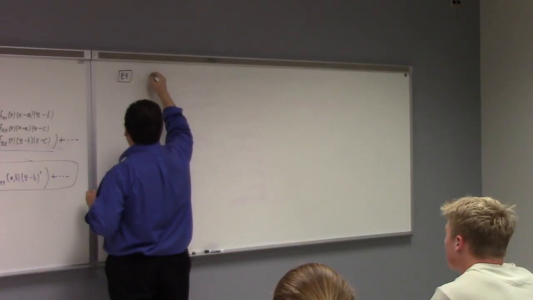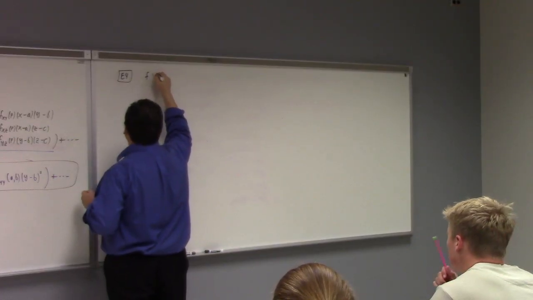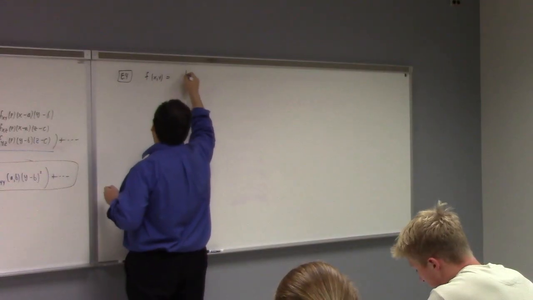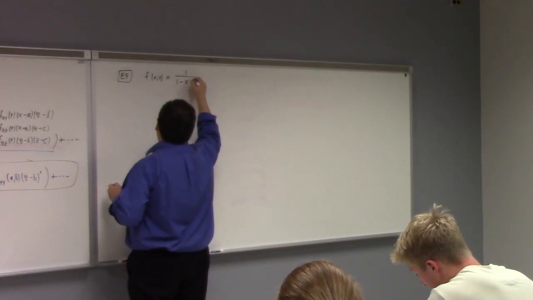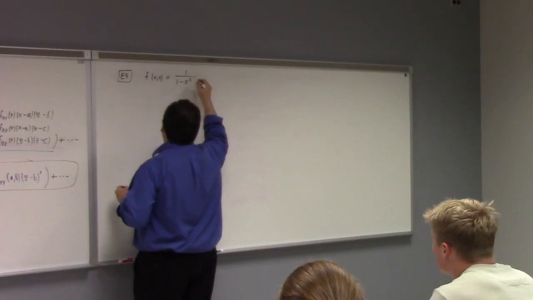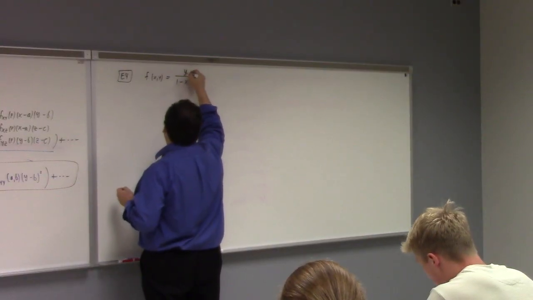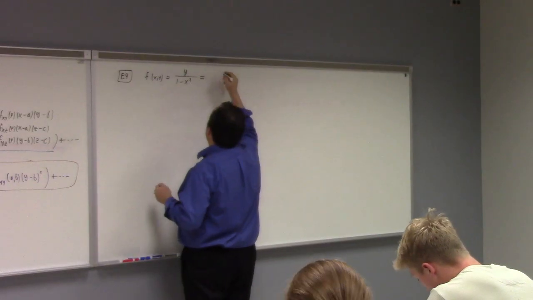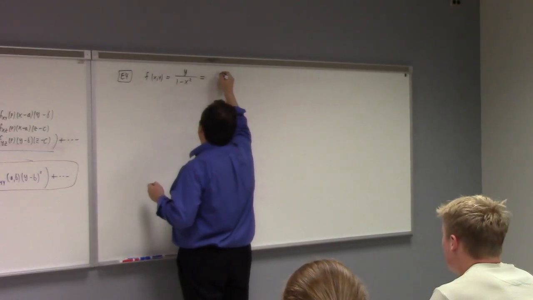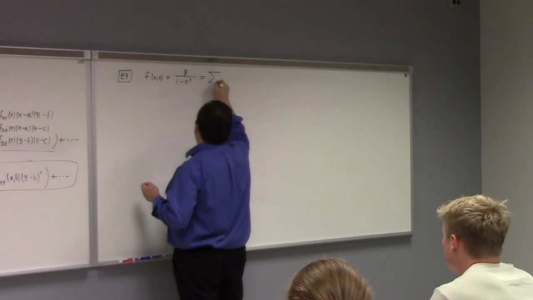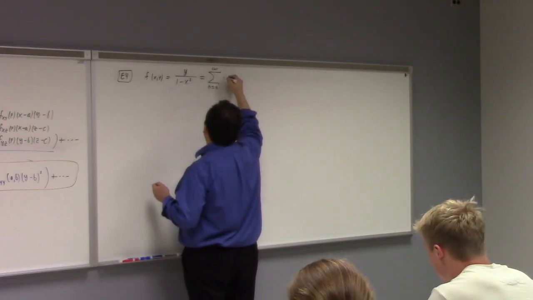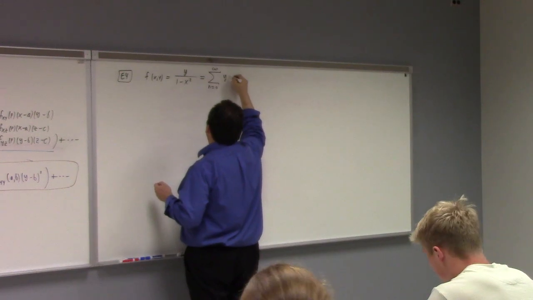Example 4. Suppose I have f of x y equals y over 1 minus x squared. This is a geometric series with a equals y and r equals x squared.